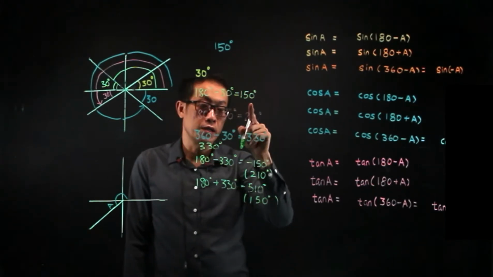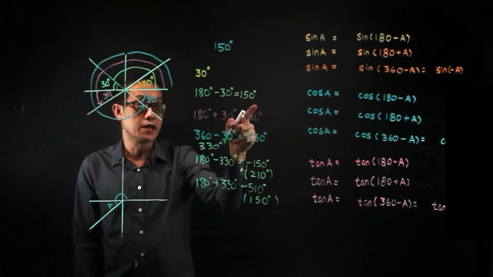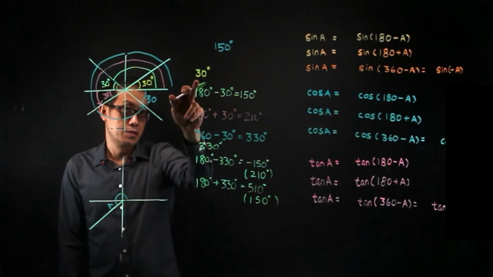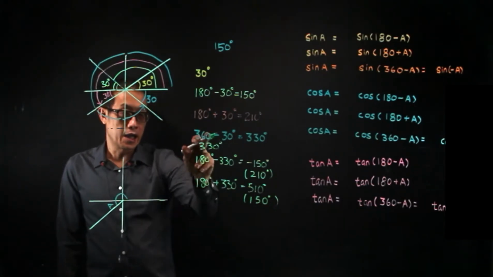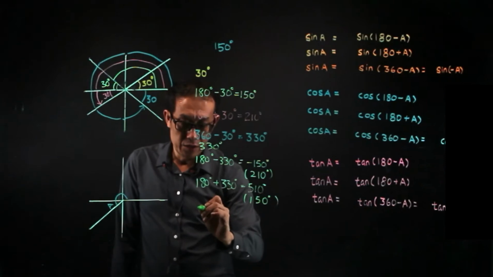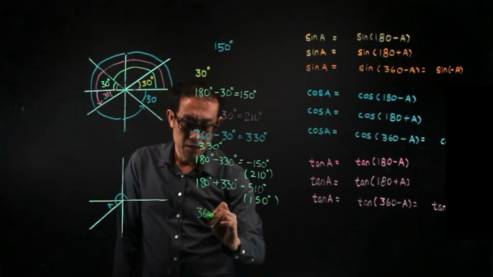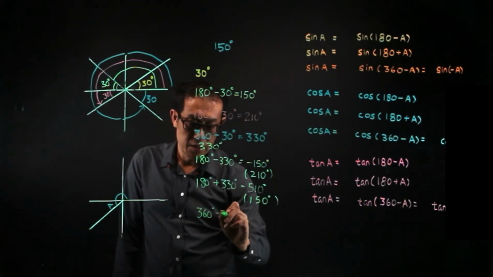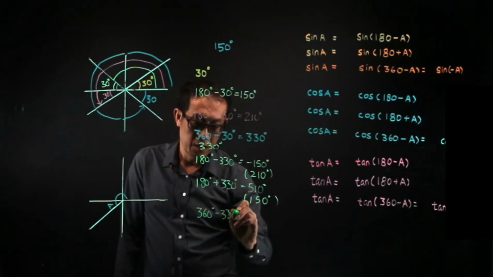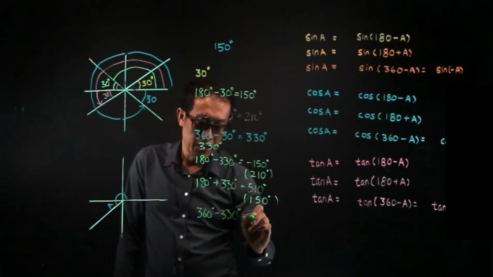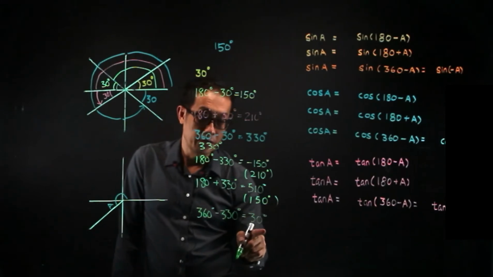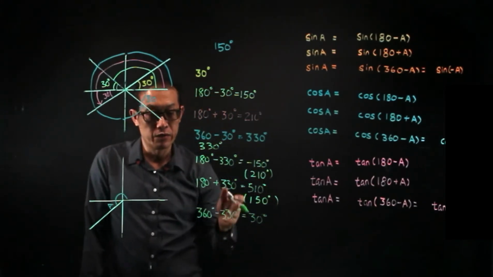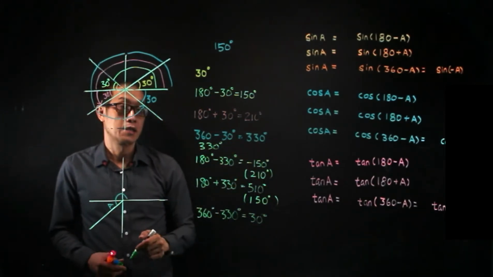So you still get another angle that also has a basic angle of 30. And the last one, we use 360 minus 330, you get 30. You get another angle that has a basic angle of 30.